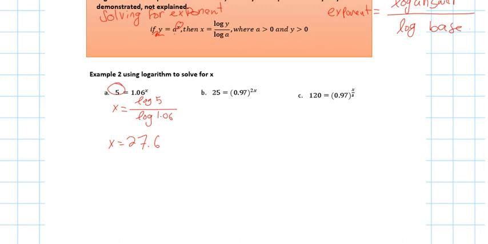Now, how about this? I'm looking for the exponent again. What is my exponent? So 2x is equal to the log of 25 over the log of 0.97, because that's my exponent.